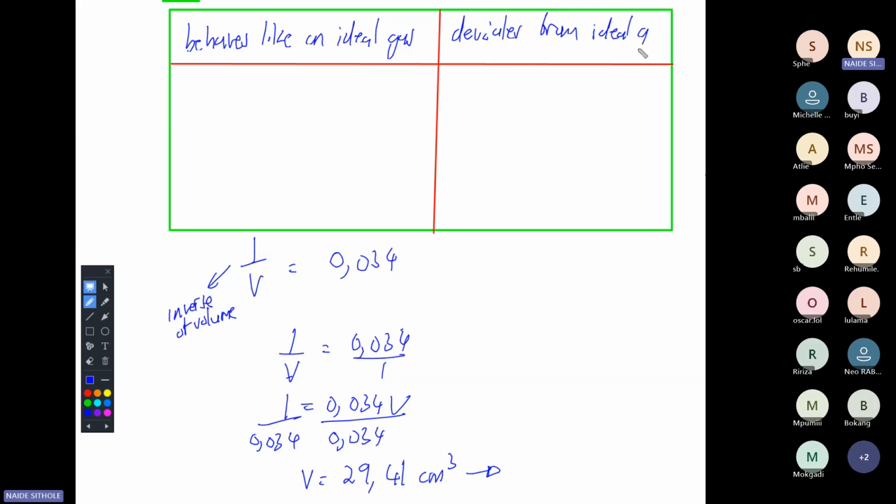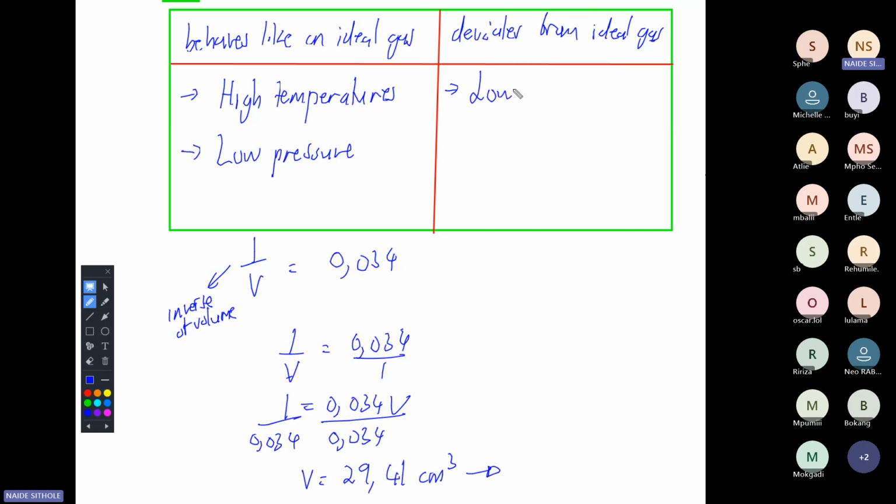When does a real gas behave like an ideal gas? For as long as the temperature is high. When there's high temperature and then low pressure. When does it deviate, meaning it starts not to act like an ideal gas?